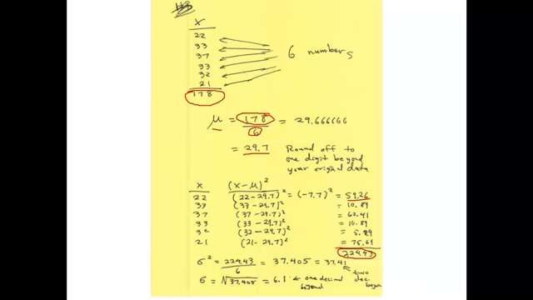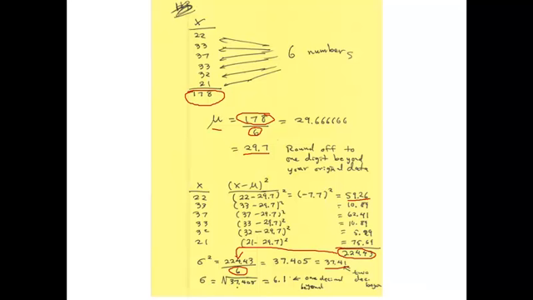With variance you go 2 decimal places beyond the original data. You take that sum, you divide it by 6 because this is population data. You still divide by your capital N. You divide it by 6, you get this, and again you round it to 2 decimal places.